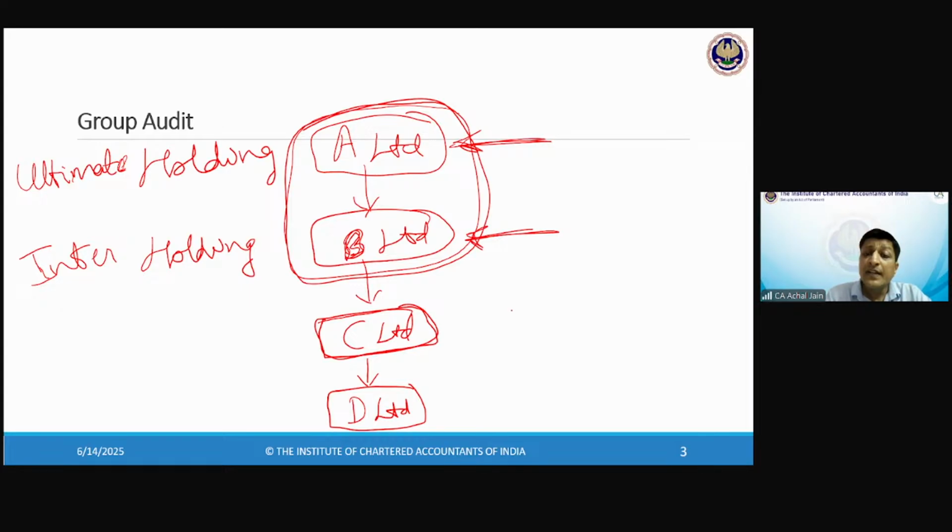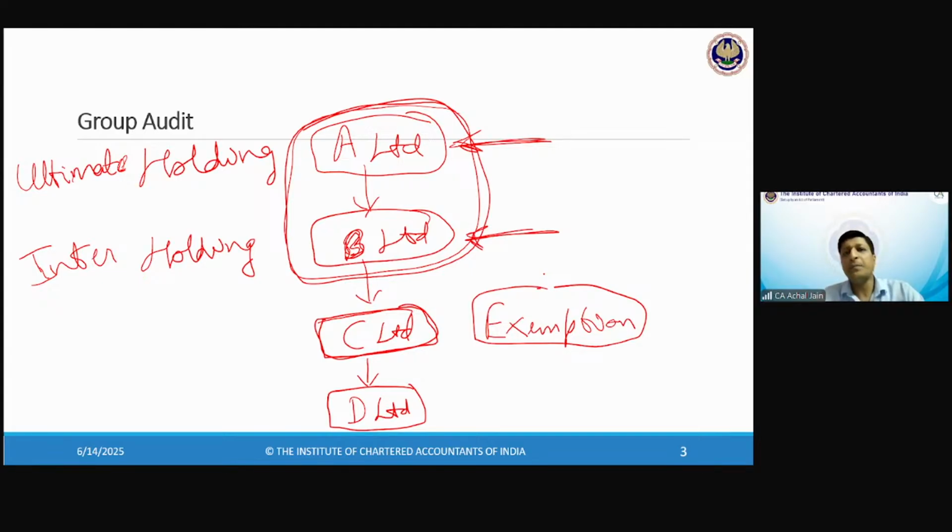what will happen? C will get an exemption. Now, what is the meaning of exemption? Exemption means C will get a choice. If C wants to prepare CFS, it can prepare them. There's absolutely no problem in it.